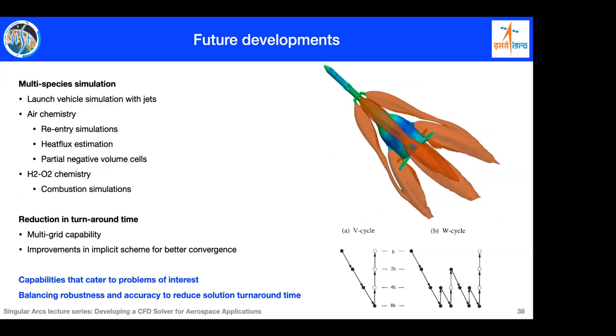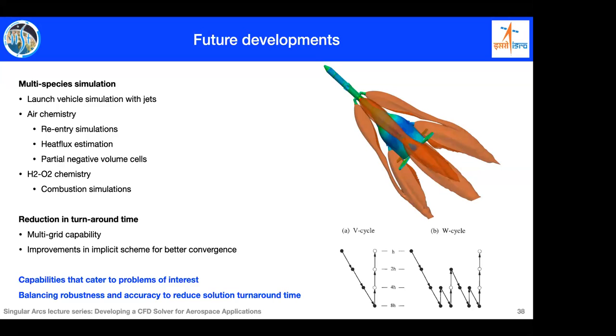One is building capability as well as reducing the turnaround time of our simulation. In terms of building capability, one thing which I have not talked about is the multi-species simulation. What we have talked about is only air or some single species which we are simulating. But in most cases, when we want to simulate our launch vehicles with jets, these are like two species, or even re-entry bodies, whatever I talked about earlier, air chemistry, there are multiple species, or even combustion.